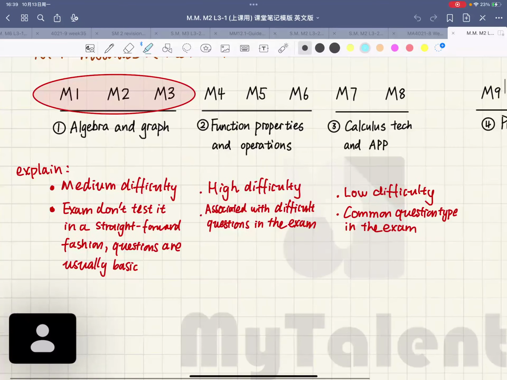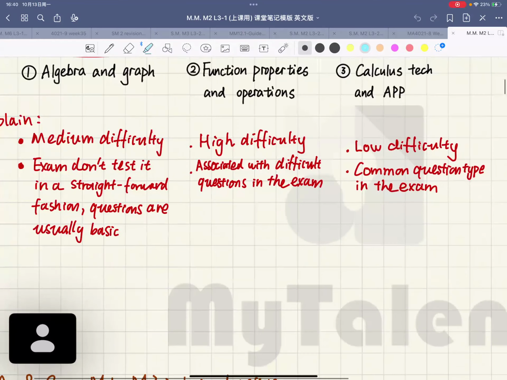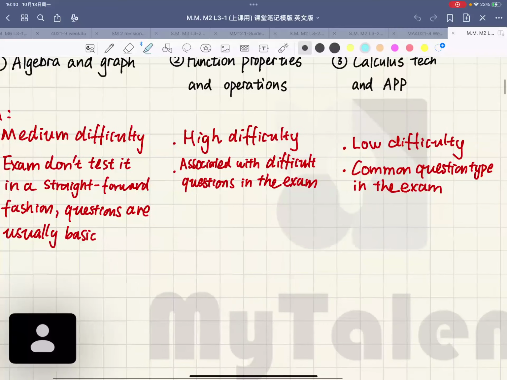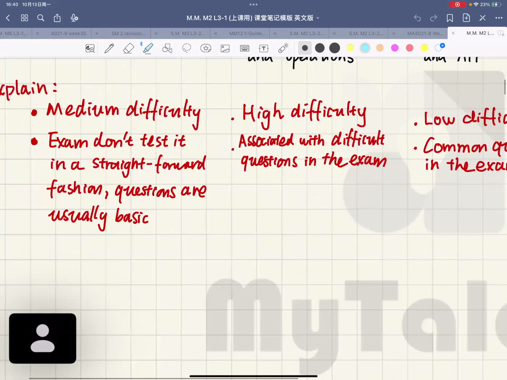Now I'll explain the difficulties. We have low, medium, and high difficulties. Let's start from low. Low difficulty means it's a common question type in the exam. Medium means the exam doesn't test it in a straightforward fashion. It will not just test, for example, index laws.